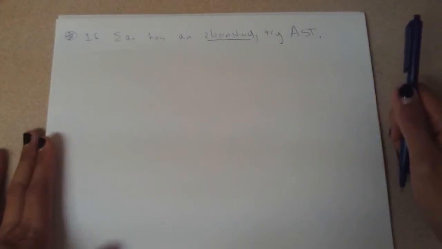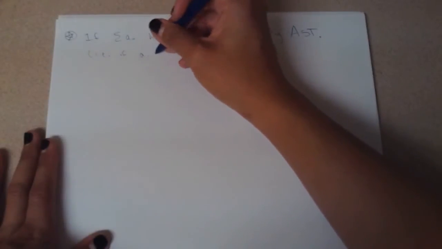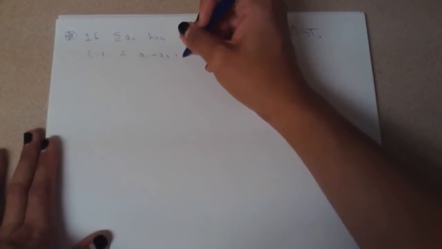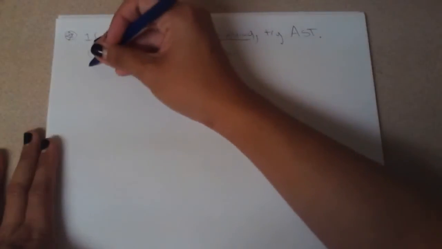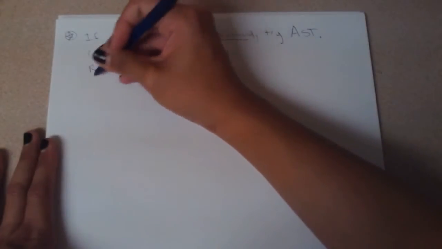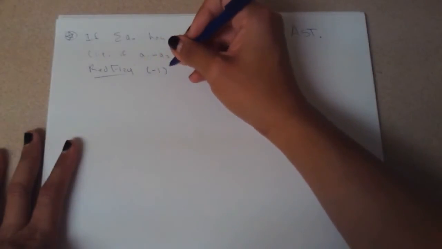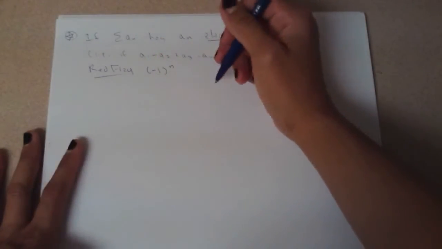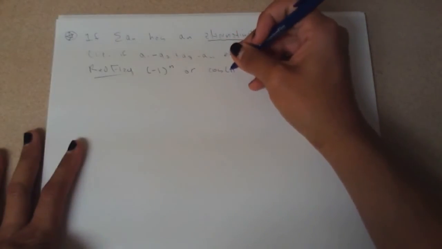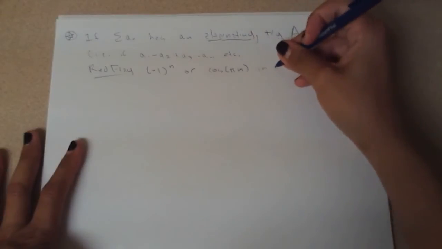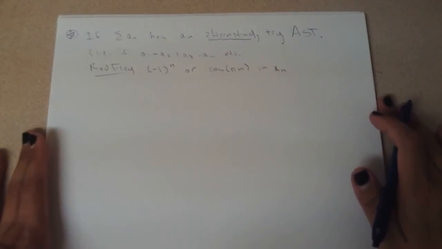So, in other words, if you've got a1 minus a2 plus a3 minus a4, etc. Now my red flag for these is, again, those plus minuses. This means you're probably going to see something that looks like minus 1 to the n, or a negative number to the n. Or maybe you might see a cosine pi n somewhere in your a sub n. These are going to introduce those plus minuses that we're looking for.